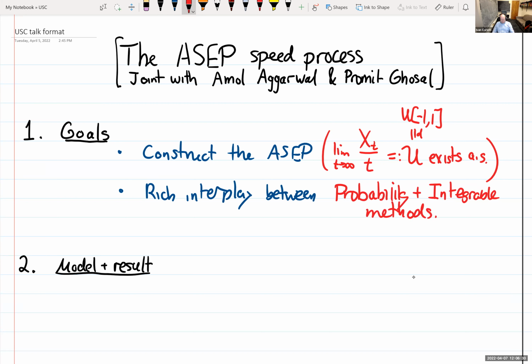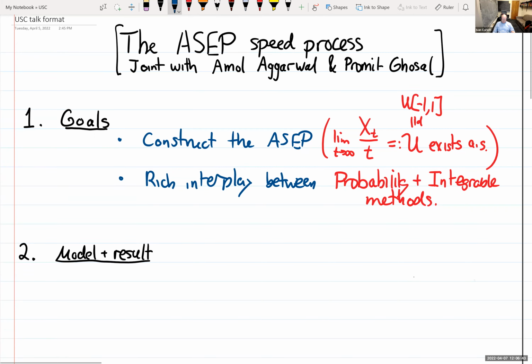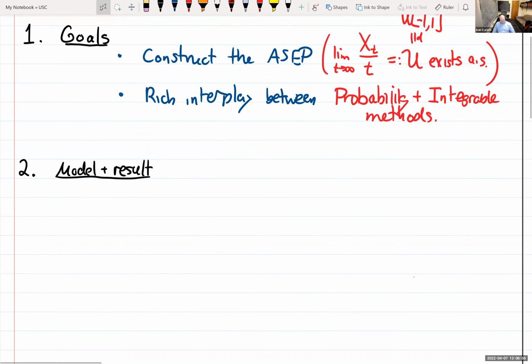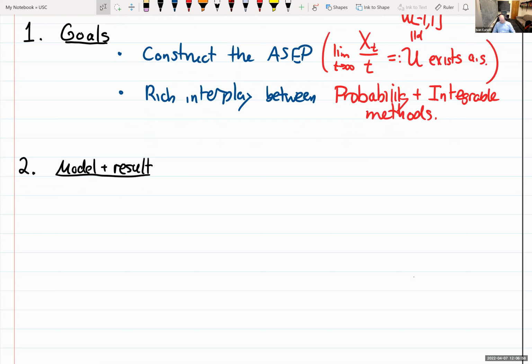With just one of these methods, I can't prove this result, and with just the other, I can't. It's only together that you can. This is a common theme that's been showing up a lot in probability in various contexts over the last few years, that you can gain a lot by combining these techniques. So I want to give you an explanation for what type of combinations go into this. But let me explain the model and the results first.